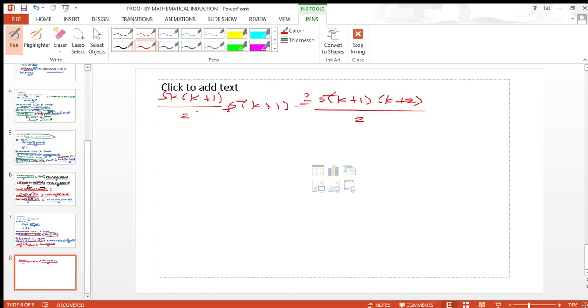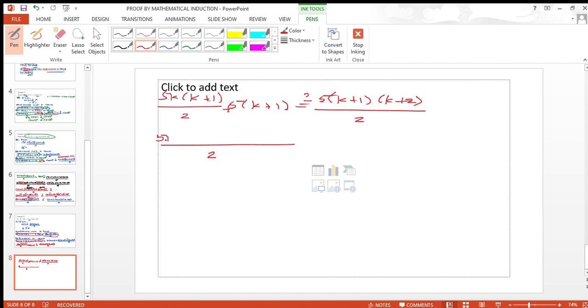Now let's work with the left side. So this is 5k plus 1. Okay, please forgive my handwriting. So if we will combine this, again, why will we combine? Look at the right side. This is a single fraction. So let's combine. LCD here is 2. So we just copy the numerator.